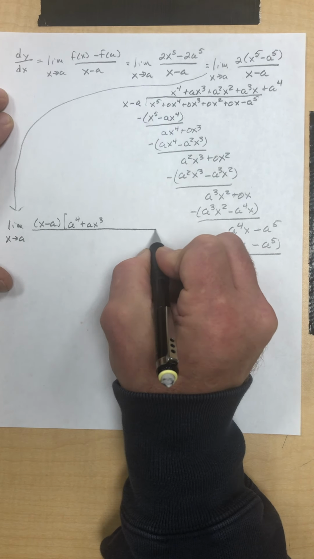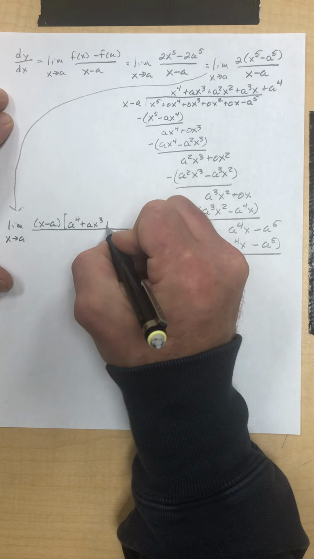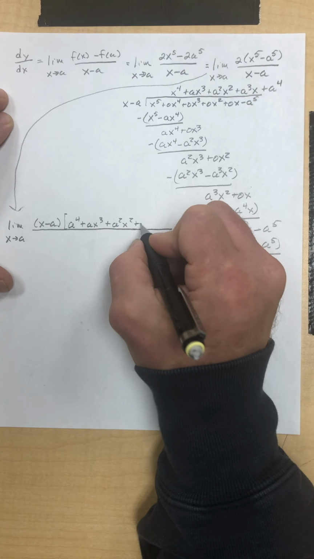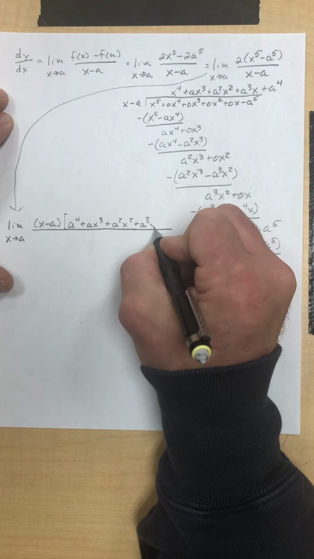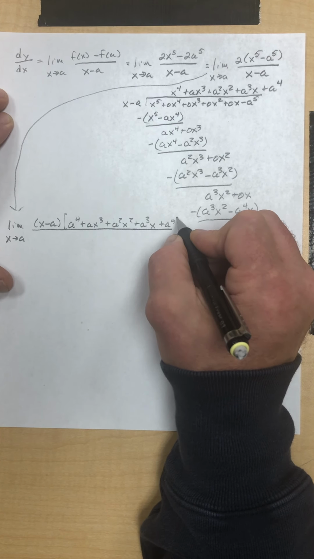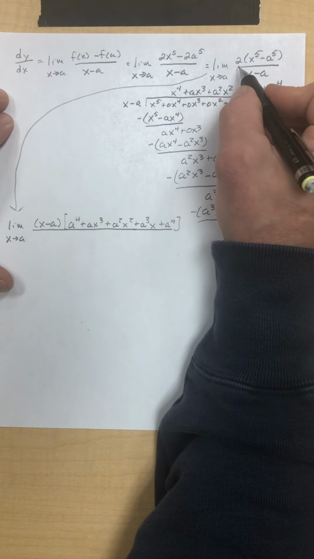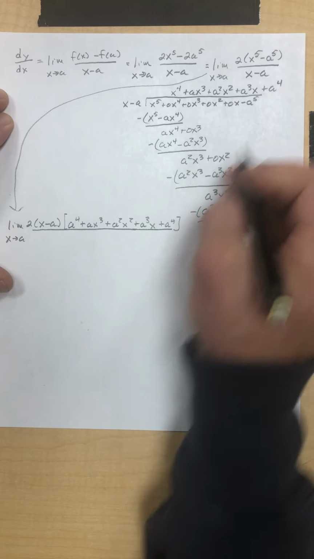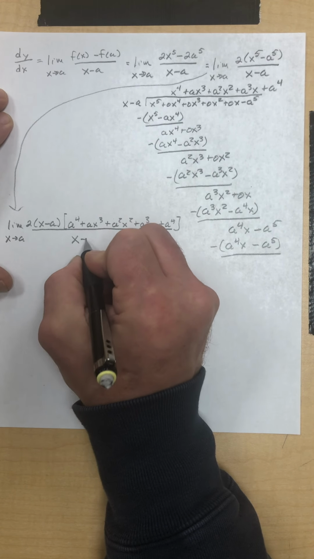I'm going to need a little bit more room. Okay, plus a squared x squared plus a cubed x plus a to the 4th. Okay, right here. And then don't forget I have that factor of 2 up in the numerator. Okay, and then down below I just have that x minus a.